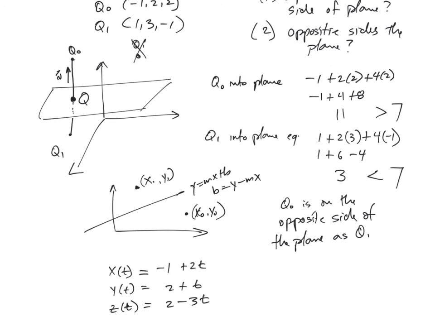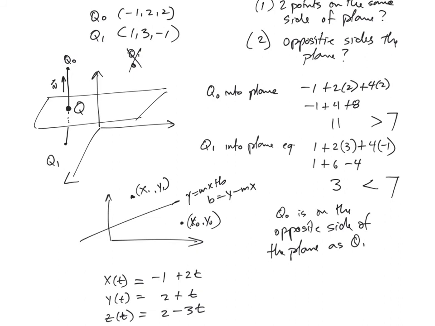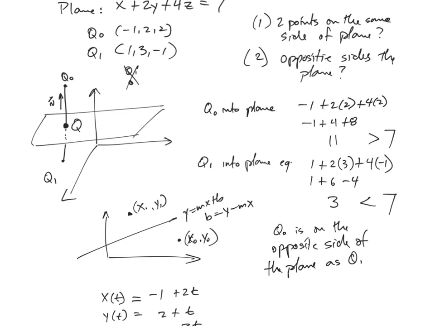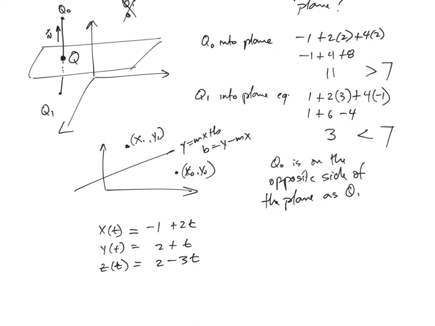Okay, so that's an equation for the line. Obviously, you need a point and a vector parallel to the line. The point that was used was -1, 2, 2, Q0, when we wrote this, right? And this vector 2, 1, -3 is just the vector between Q0 and Q1.